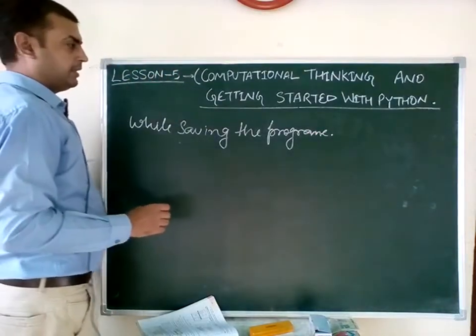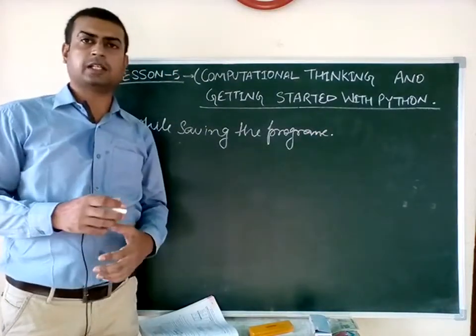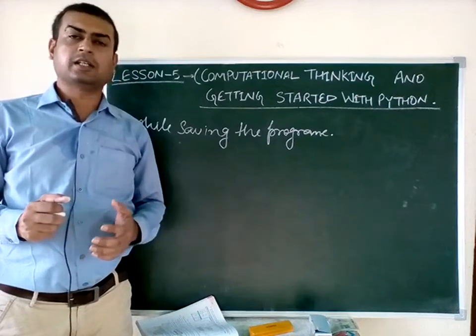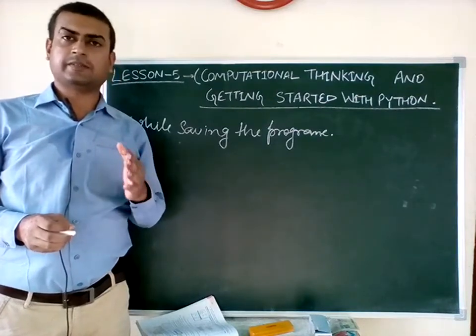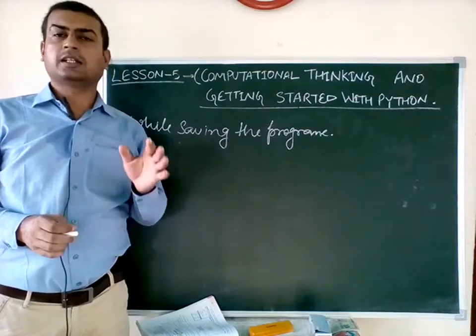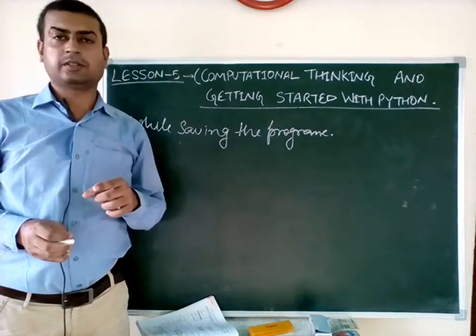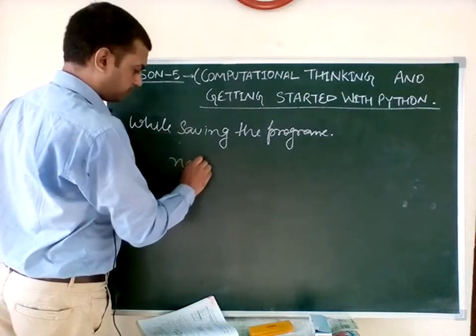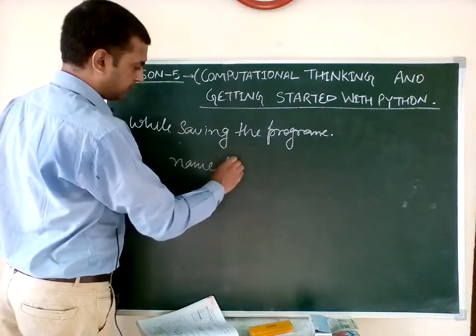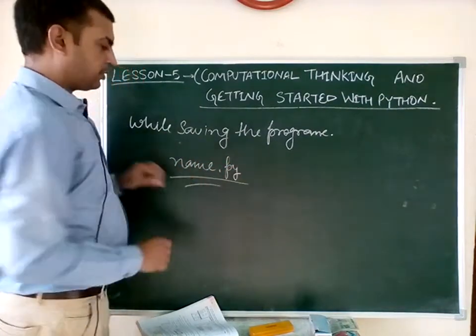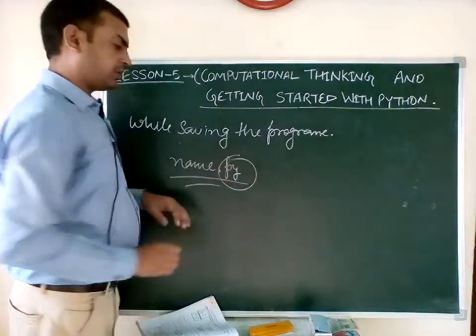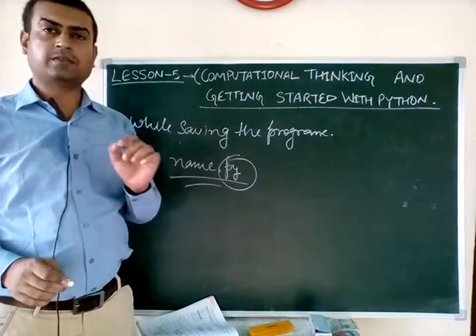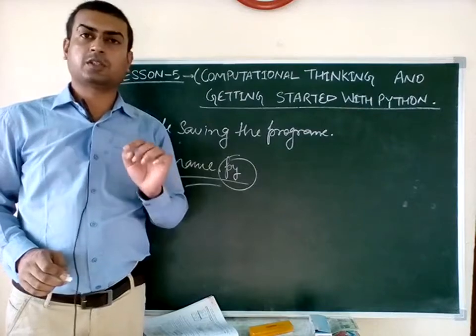It is very simple. As in HTML, which we were studying earlier, when you save the program you write a name and .html. The same thing you will write here: any name and .py. So while saving the program, you have to take care of this extension, for example html.py.